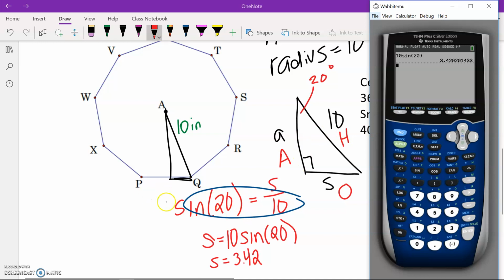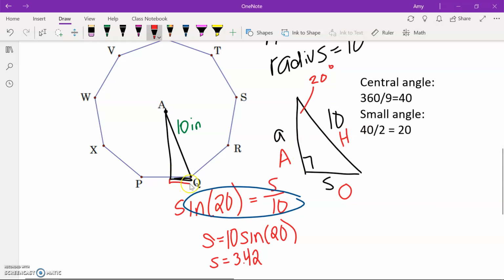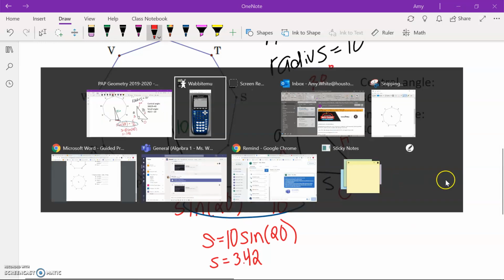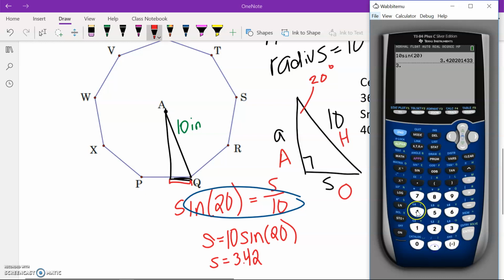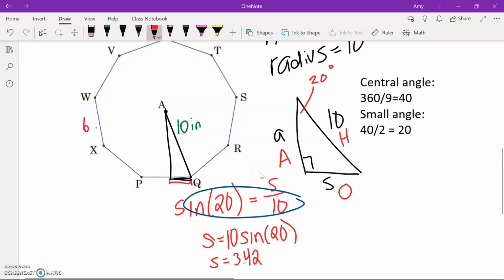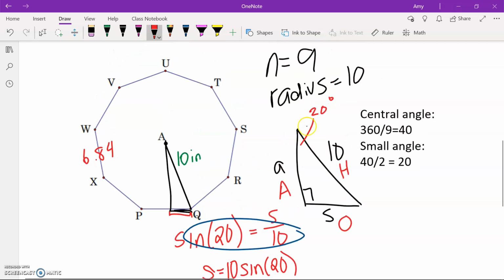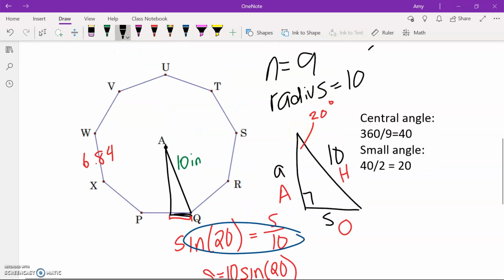And remember that this only gave me this piece right here. So to get the entire side, I'm going to do 3.42 times 2, and I get that the whole side is 6.84. So if I look back at my formula, I know that s is 6.84.